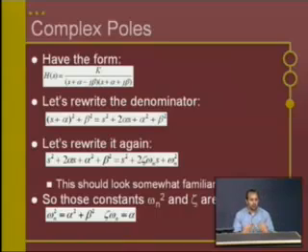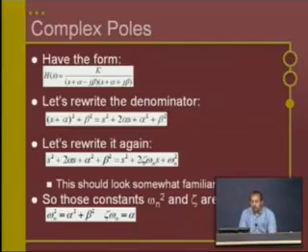Again, you've done your factoring and tried to figure out what the roots of the quadratic form in the denominator are. And we can play around with the form of the denominator to get it into something that isn't quite so ugly. We rewrite that as s plus alpha quantity squared plus beta squared, which, once you FOIL that out, is s squared plus 2 alpha s plus alpha squared plus beta squared.